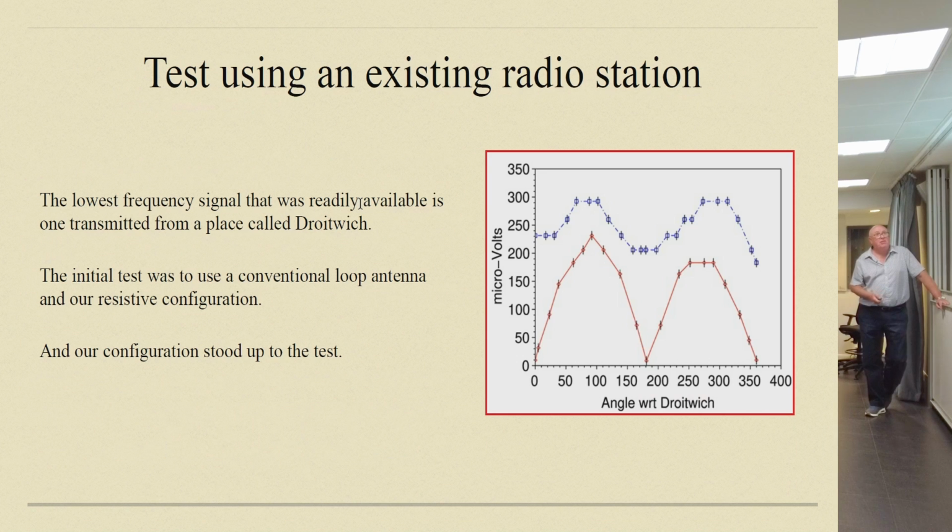Now, the first thing we had to do was make sure we could actually pick up radio signals. There's a place called Droitwich, northwest of Oxford, and they push out fairly low frequency waves.